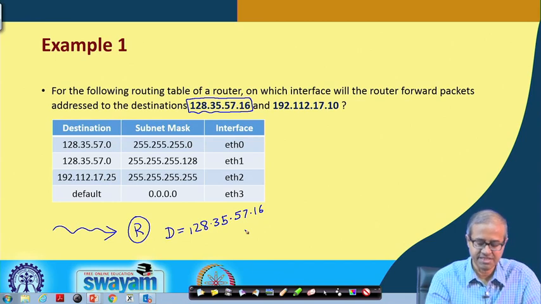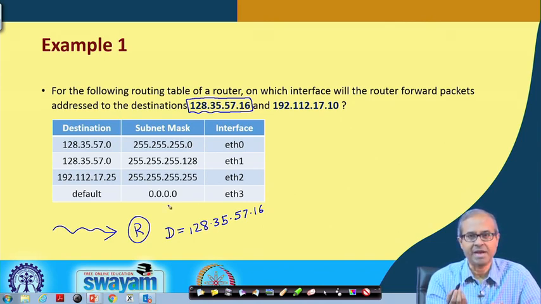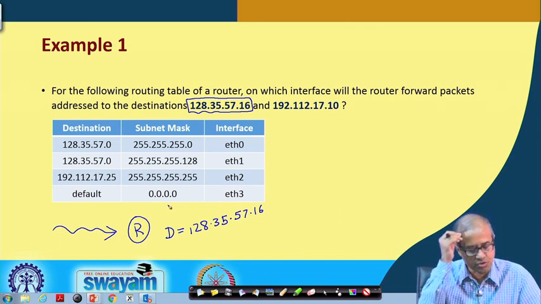This is the destination IP address. Now, we have to check which entries in this routing table get a match. There may be one or even more than one entry where there can be a match, as we shall see through this example.